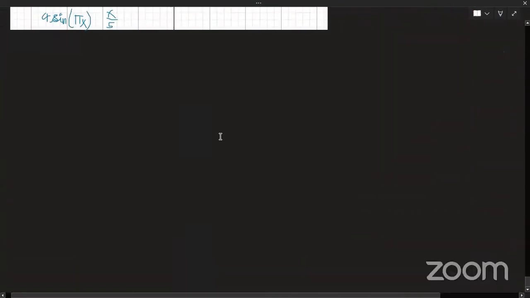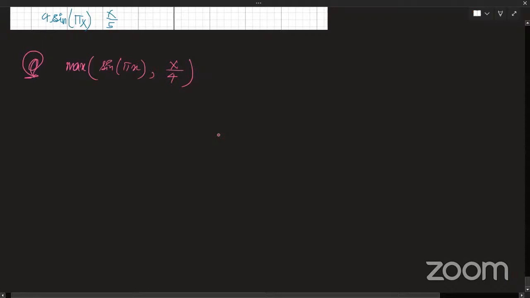Okay, so चलो एक easy सा problem दे देता हूँ. Plot the maximum of sine of pi x and x by 4.